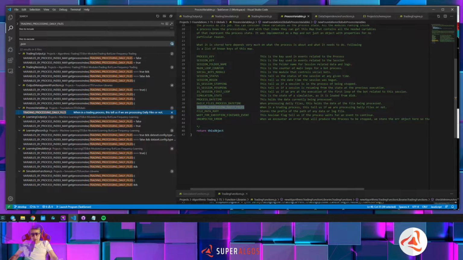Process key, session, daily files process date time. So I'm going to refactor this so that it's no more trading in the name.